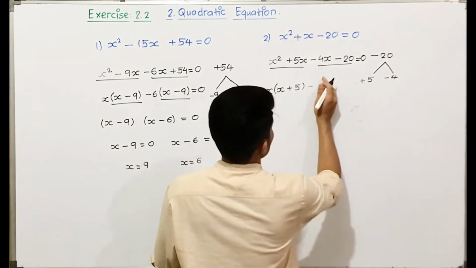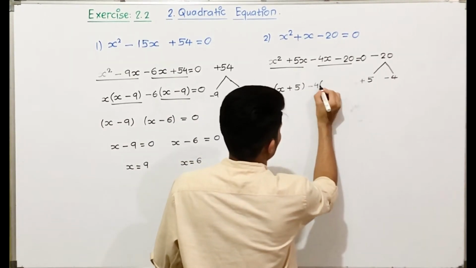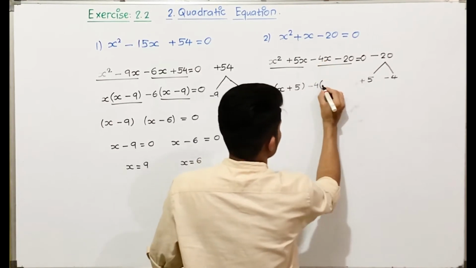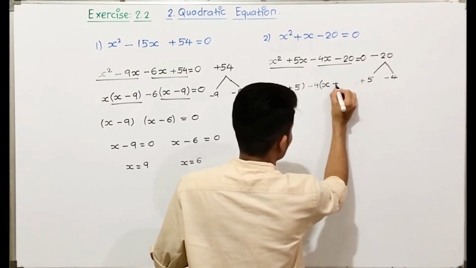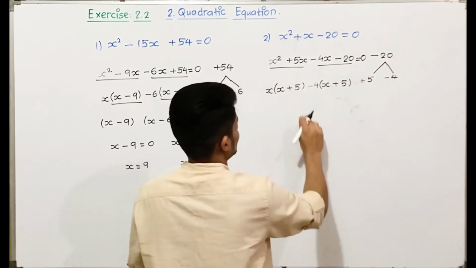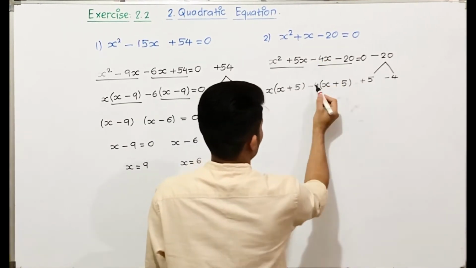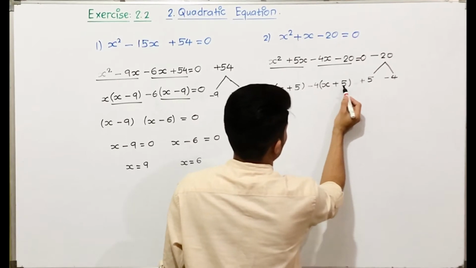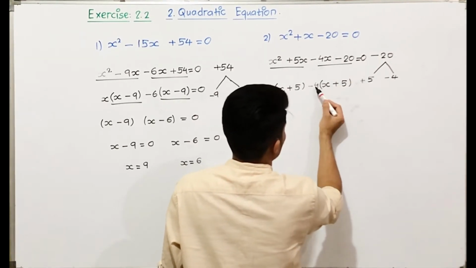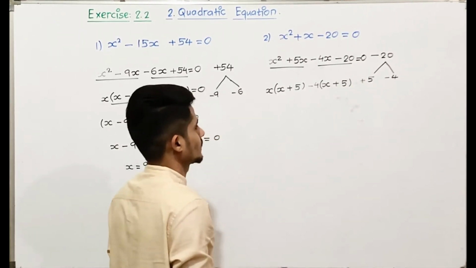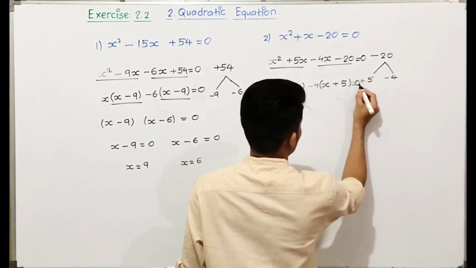Then minus 4, remaining is x and plus 5. Minus 4 into x is minus 4x and minus 4 into plus 5 is minus 20, is equal to 0.